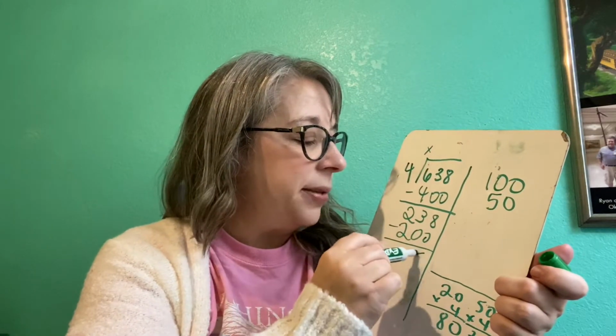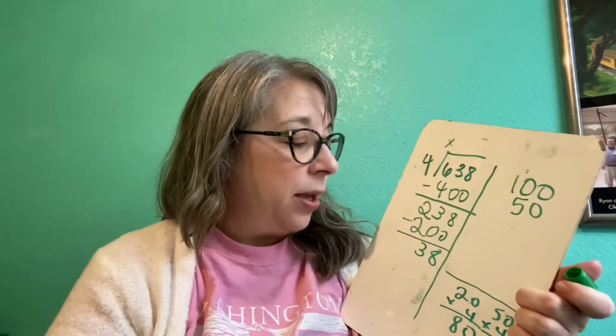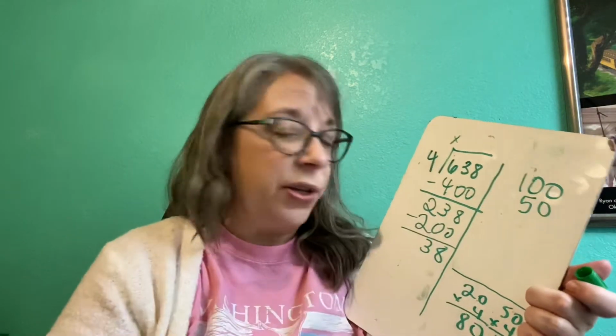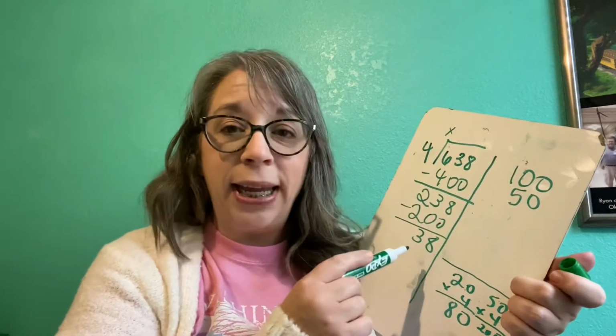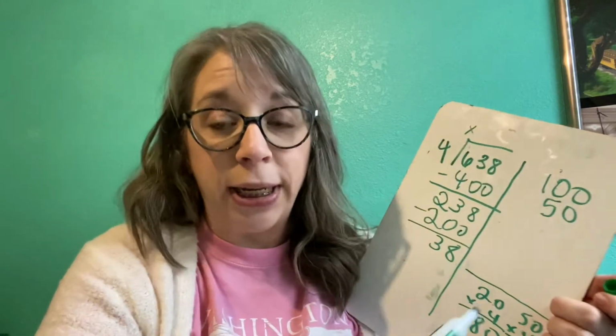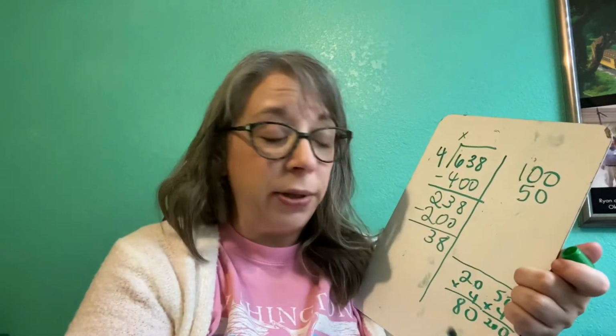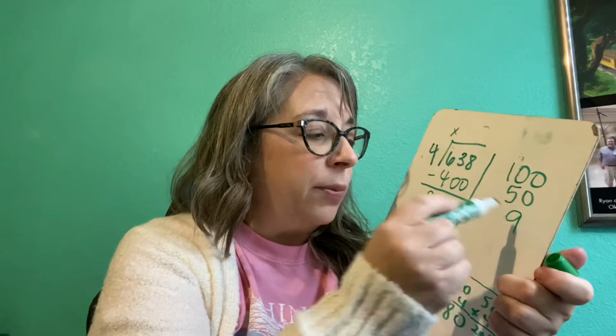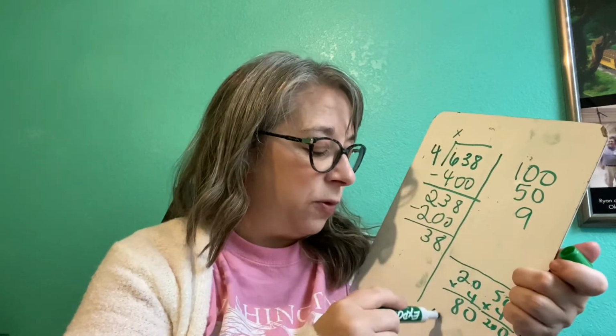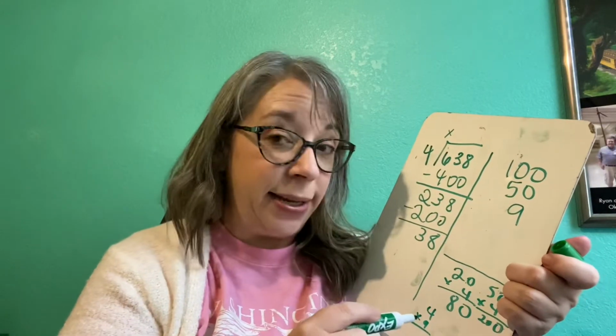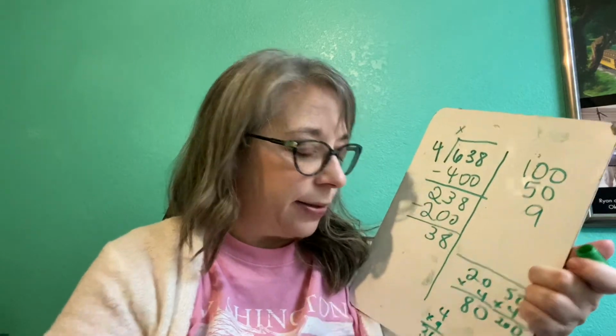Let's subtract those, 8 and 3. All right, now we're super close right there. Okay, so we can't do 10 because 10 times 4 is 40. That's too much. Well, let's just do 4 times 9. I think that's the most reasonable answer. It will definitely fit because 4 times 9 is 36.